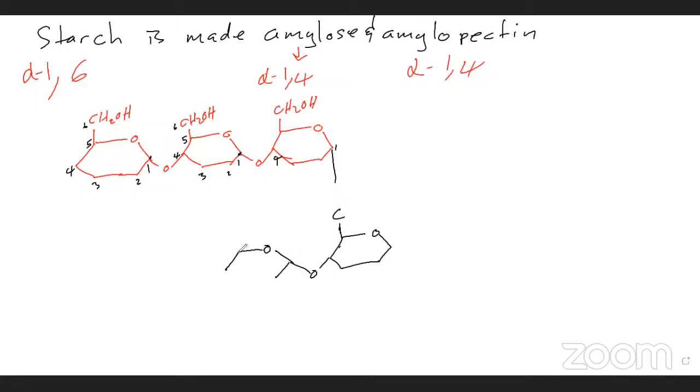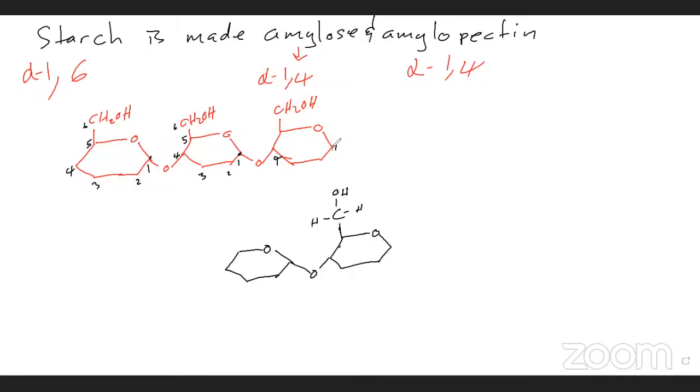Sir, doesn't the amylopectin also have 1 to 6 bonds? No, it's the branch between the amylose and the amylopectin where you get the 1,6. Let me show you here. So this is carbon 6. It will have the OH group, right?